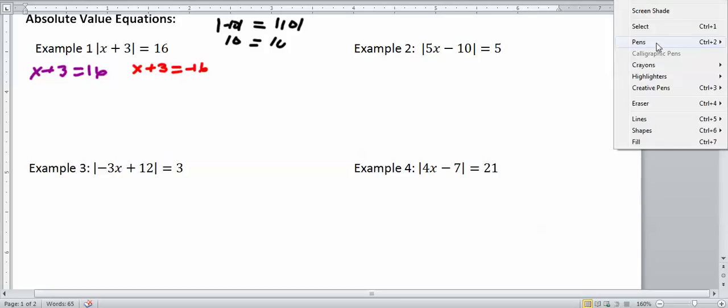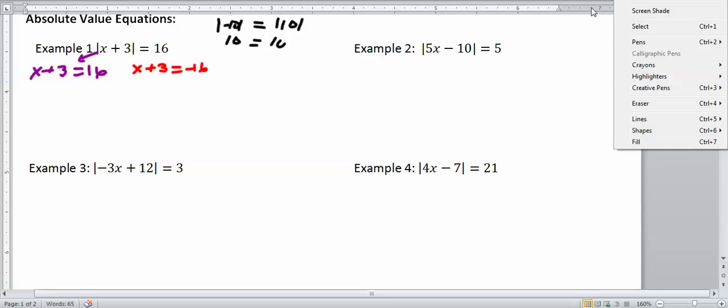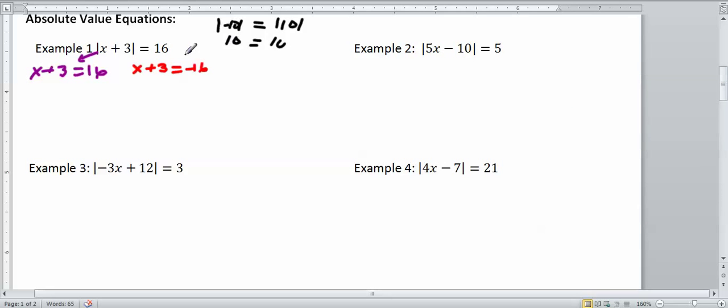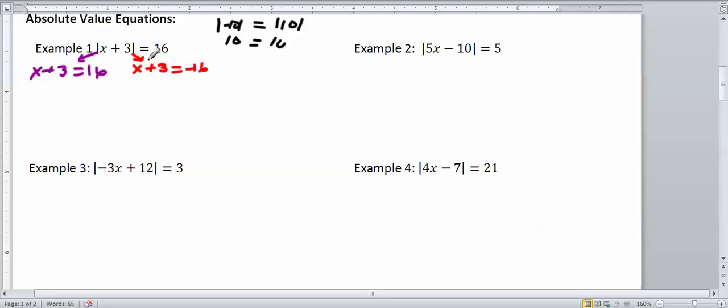Okay. So when I solve absolute value equations, I set it up twice. I solve for the positive value, and I also solve for the negative value, because it's only the size of the number that matters, not the sign. Okay, so solve this first one.